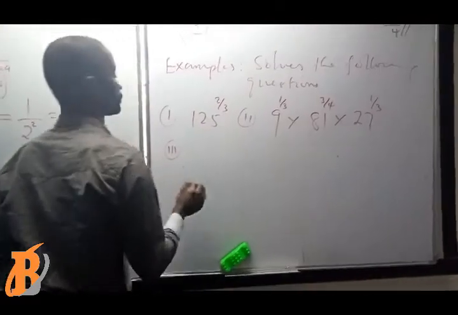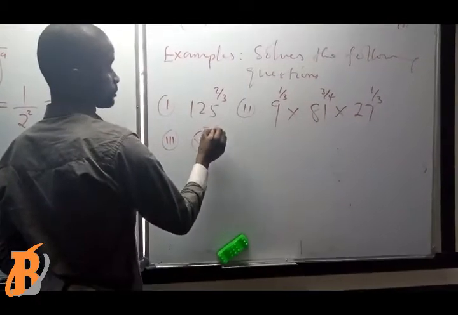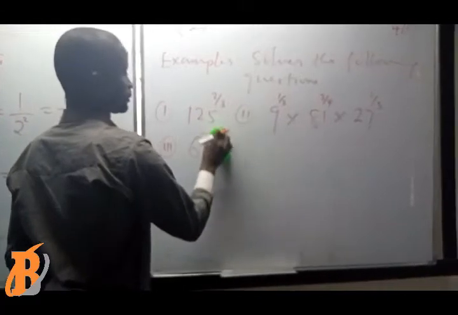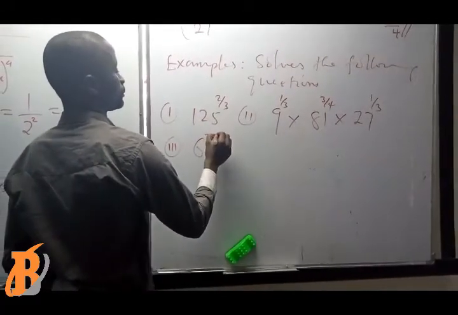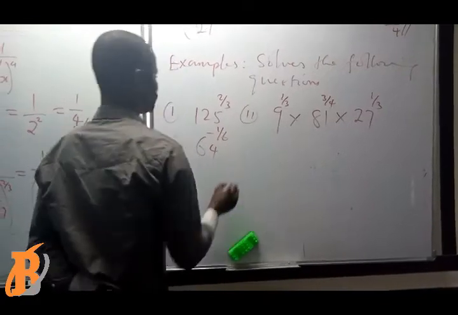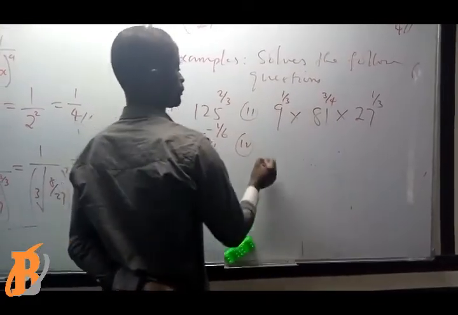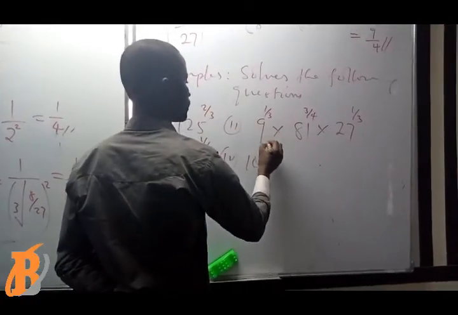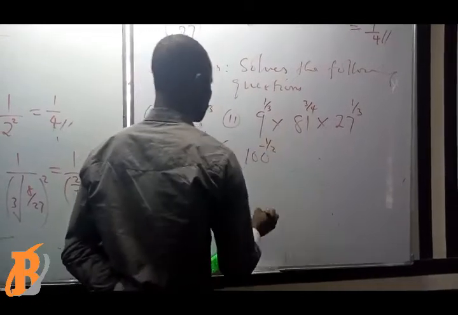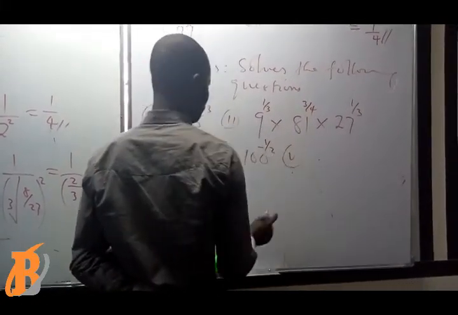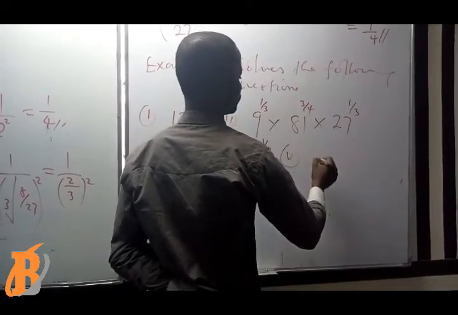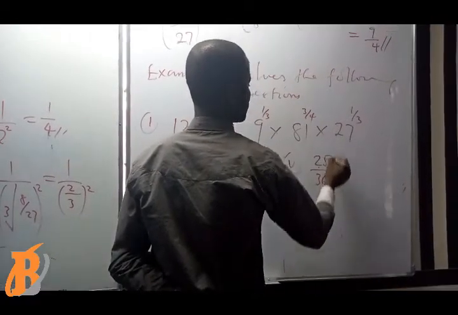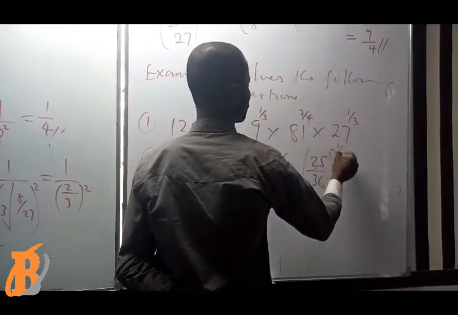The third one is 64 raised to power minus 1/6. Then 100 raised to power minus 1/2, and 25/36 raised to power minus 1/2.